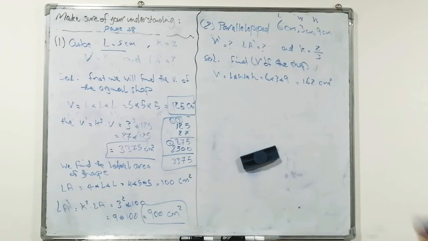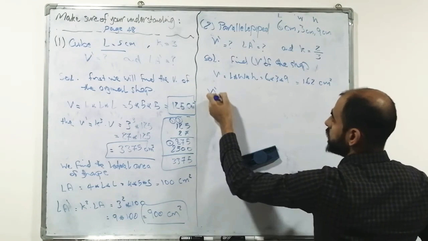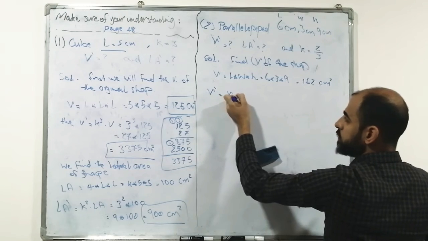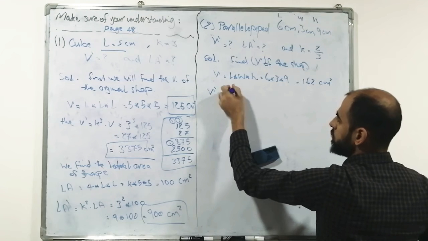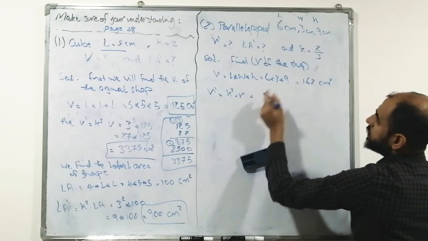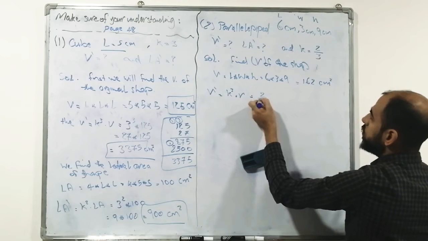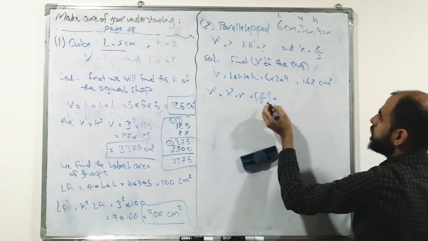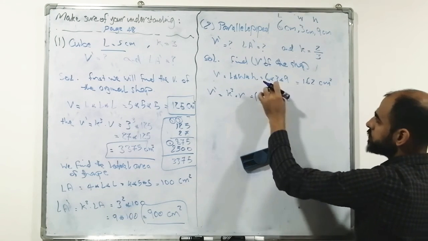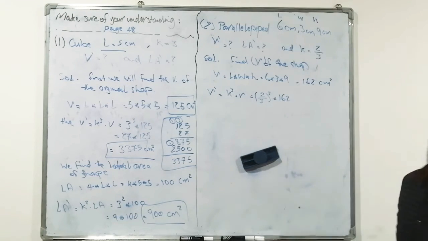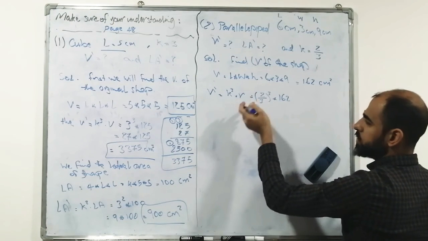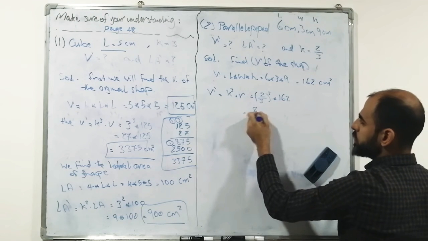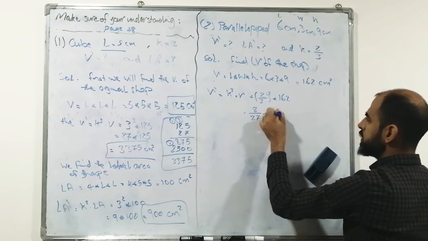Now to find V dash, it equals the original volume multiplied by k to the power 3. We have 2 over 3 to the power 3 multiplied by 162. Here the power is distributed over the numerator and the denominator. 2 to the power 3 is 8 and 3 to the power 3 is 27, multiplied by 162.